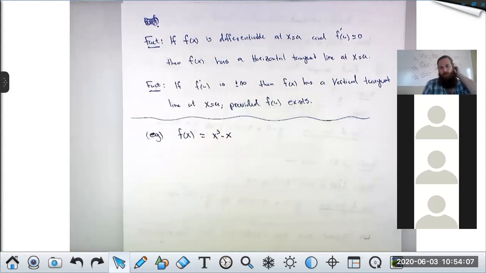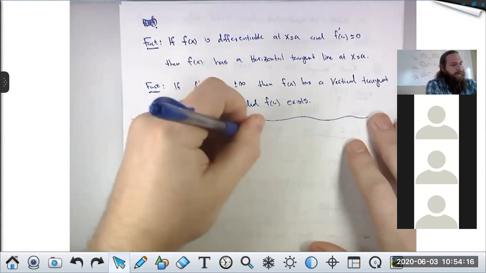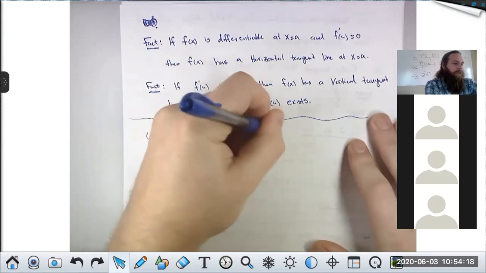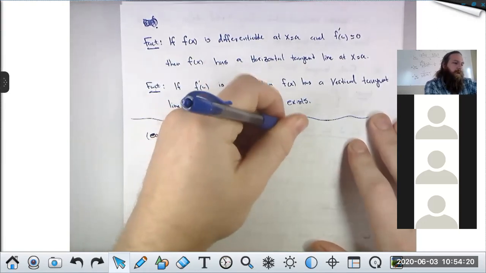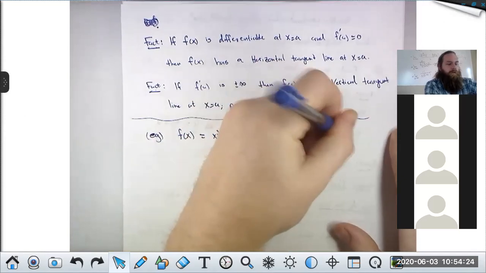I mentioned that this is a cubic polynomial that you should be able to sketch the graph of on your own. Let's find f prime of x and graph them together.